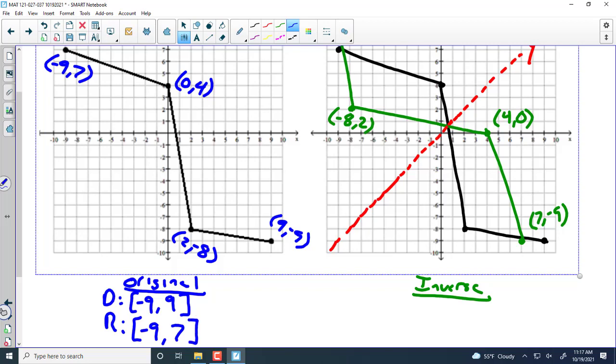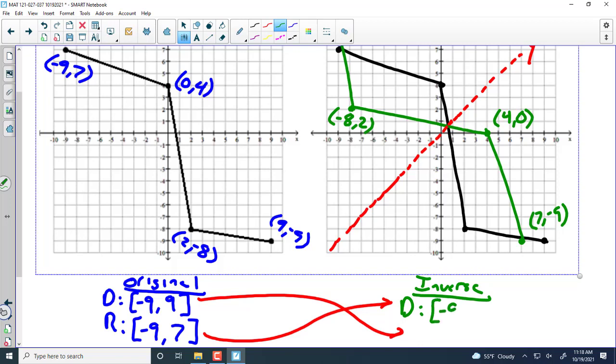But you don't even need to make your new picture, because if you just swap the order of those domain and ranges, the domain on the inverse is -9 to 7, and the range is -9 to 9. Why? Because the domain and range swap along with every single other ordered pair on the graph.